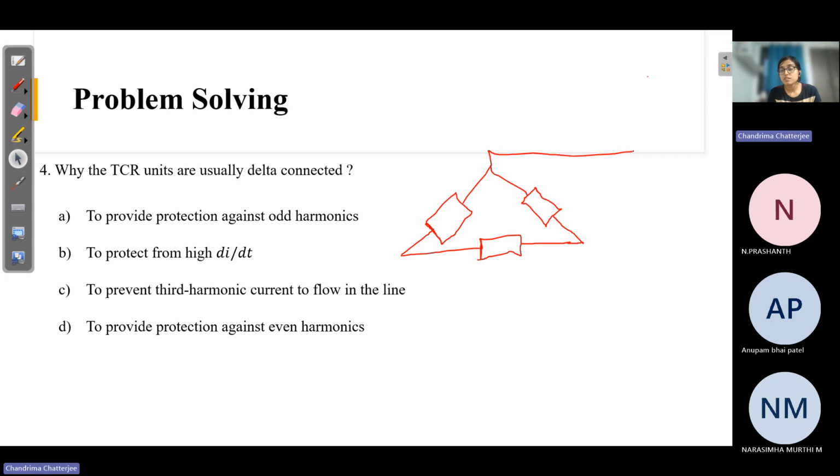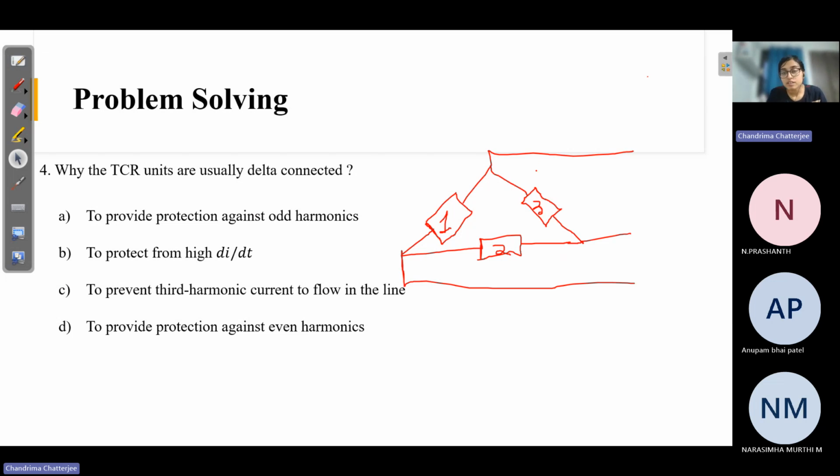And from here, the terminals are taken out like this. Okay, so this is TCR 1, this is 2, this is 3, suppose. They are delta connected.